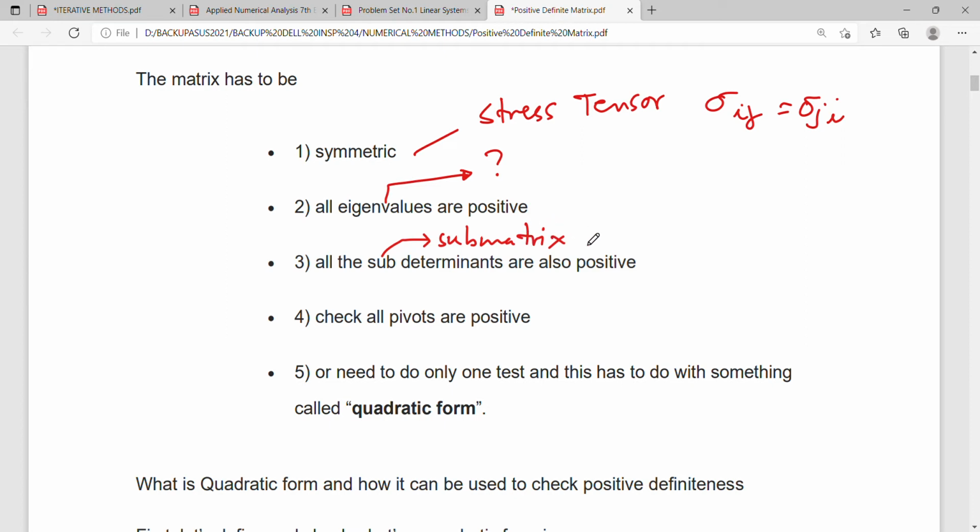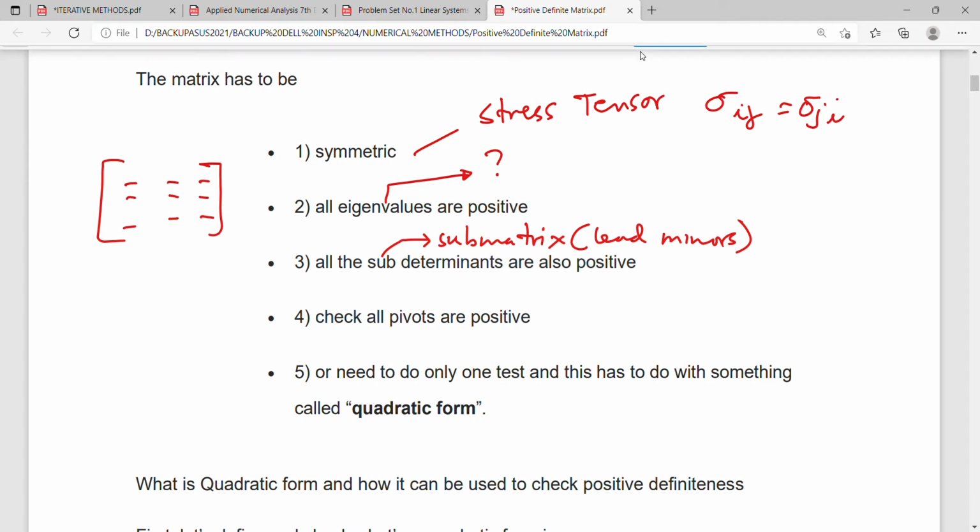These are the terms that you need to know when you read it. What is a leading minor of the matrix? If you have a 3 by 3 matrix like this, what are the leading minors or the submatrices? Sub means a part of the matrix.